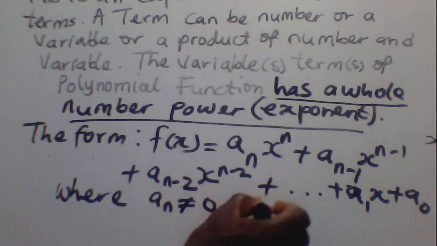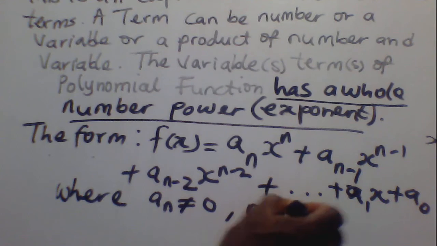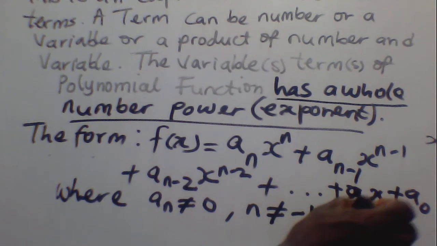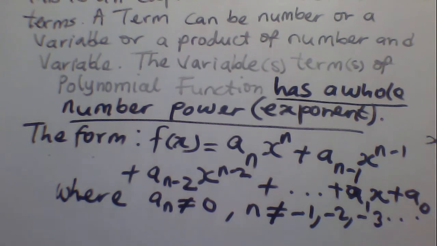And also n cannot be what? Minus 1, minus 2, minus 3. It is not a negative number or a fraction. It is not defined when n is a fraction.